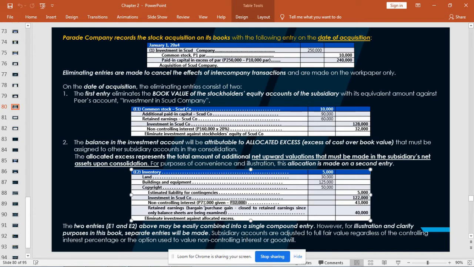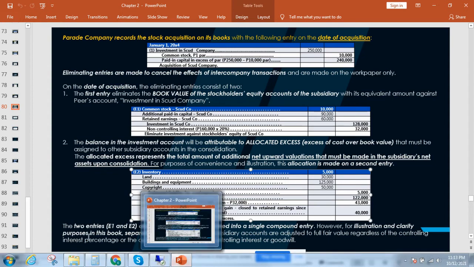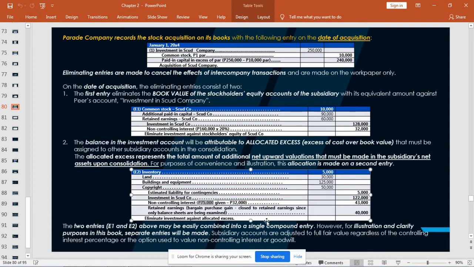So, yung difference nila, which is to eliminate yung fair value difference over undervaluation ng ating non-controlling interest is 43,000. Tama? Yes.